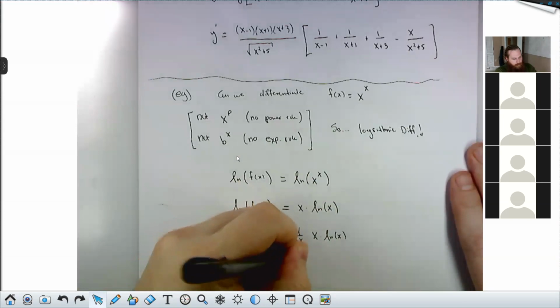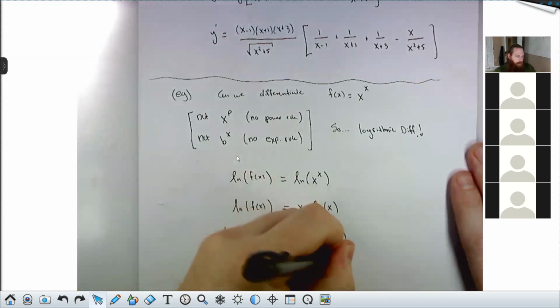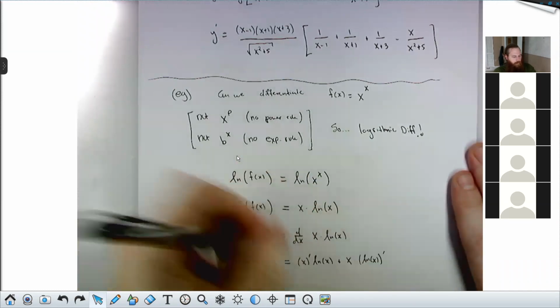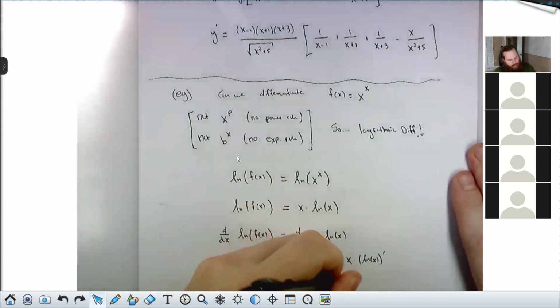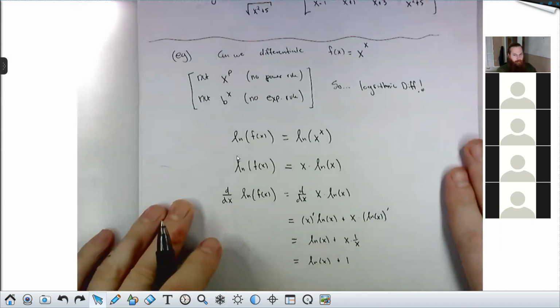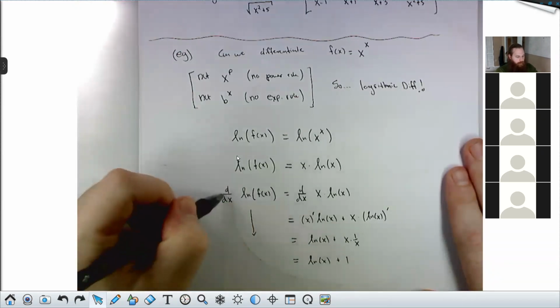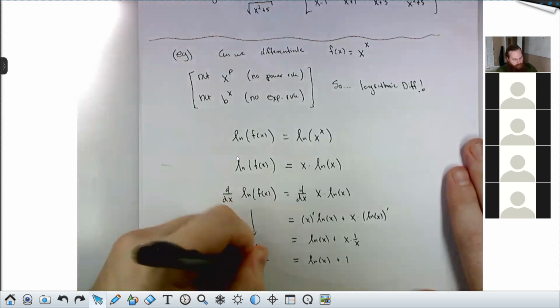This is the derivative of x times ln x plus x times the derivative of ln x, which is ln x, plus x times 1 over x, or ln x plus 1. And on the left-hand side, the derivative of the natural log of f of x is f prime of x over f of x.